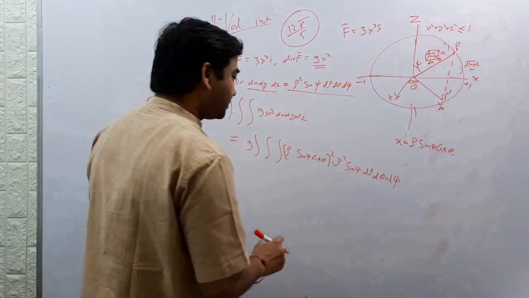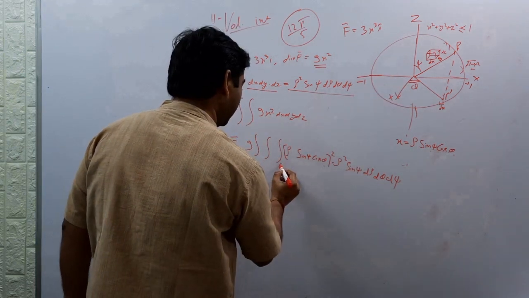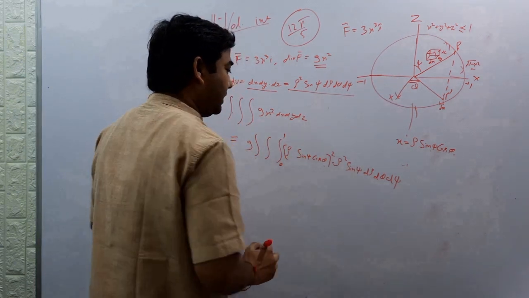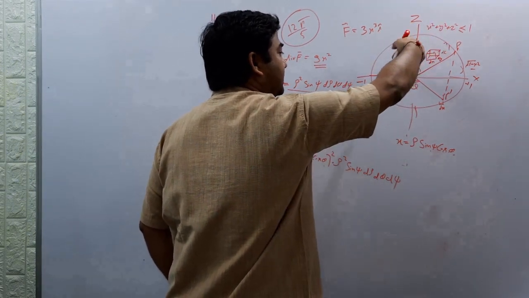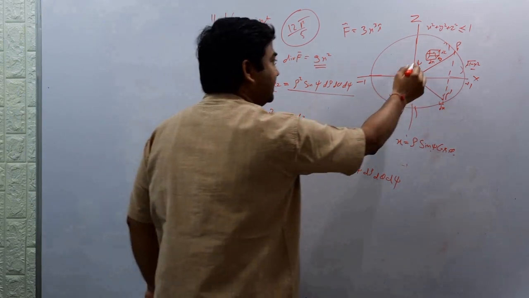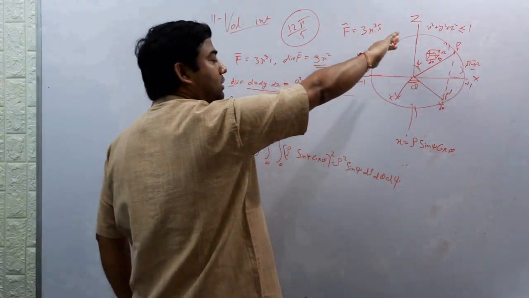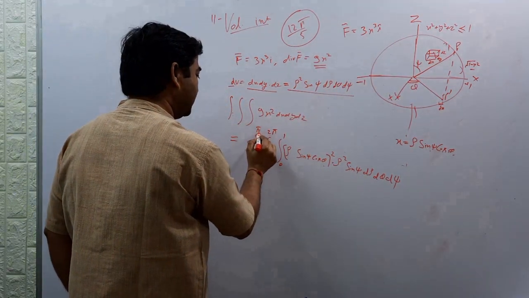Now the limits: for rho, the radius, it is 0 to 1. For this whole hemisphere theta will change from 0 to 2 pi. And psi, we are taking the upper hemisphere only, so psi will change from 0 to pi by 2.